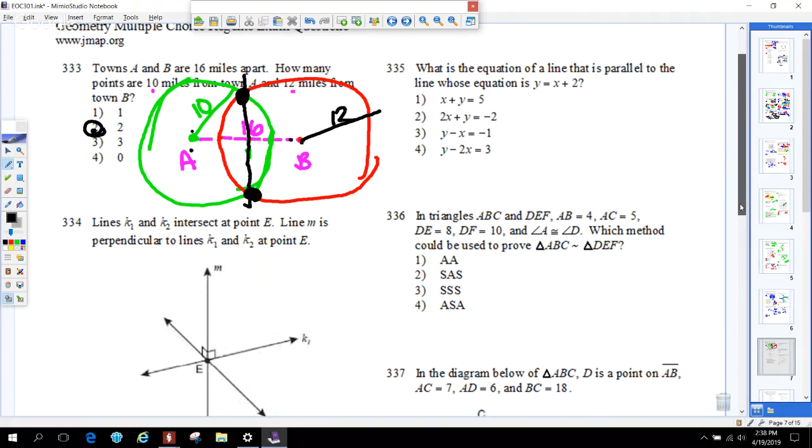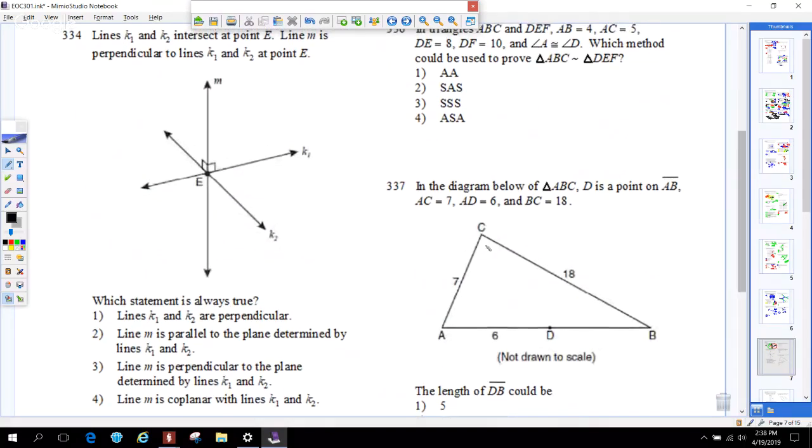Another one with the planes. We have a picture, K1, K2, intersect at point E. We have a perpendicular. What thing is always true? Basically, as you can tell, these are on the same plane. And remember, a plane is like a piece of paper.